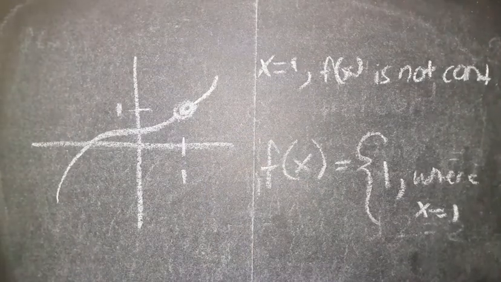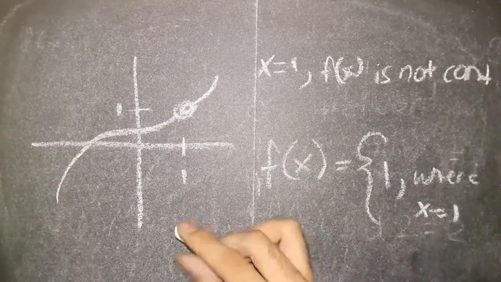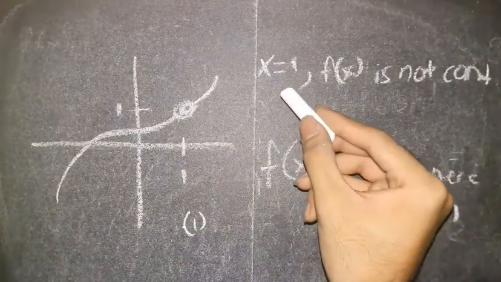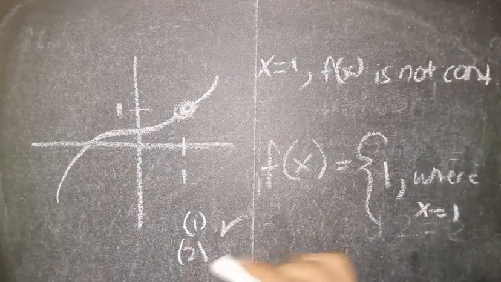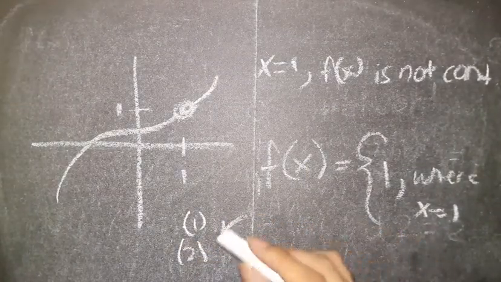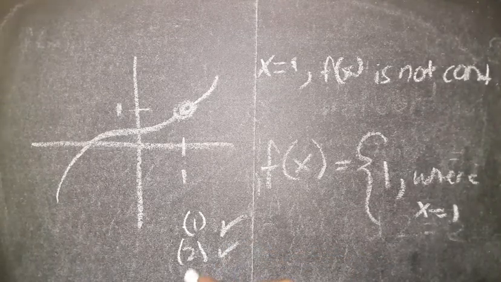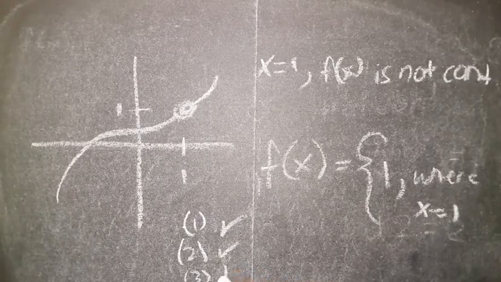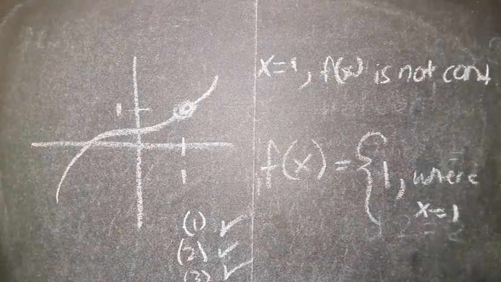And by checking, we can say that f of 1 is now defined. The function f of x satisfied the first condition. We can also say that the limit now exists, and that both f of 1 and the limit of f of x as x approaches 1 are equal. Thus, the function is now continuous at x is equal to 1.